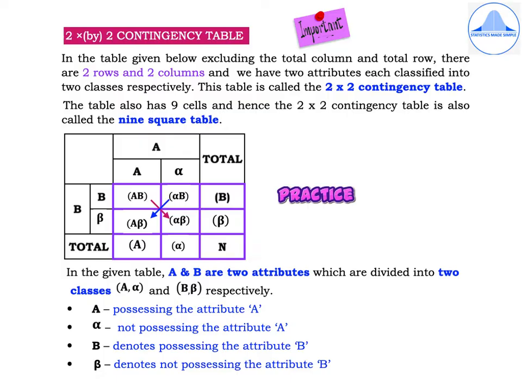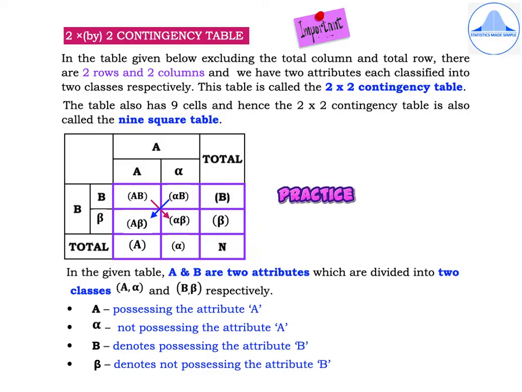So in a 2 by 2 contingency table, you have two attributes A and B, which are each divided into two classes, A alpha and B beta respectively. Now, there is a total column and a total row indicated in the table. And if we exclude these, then we have only two rows and two columns.